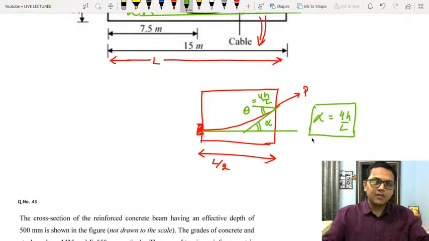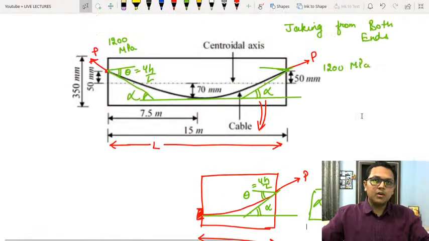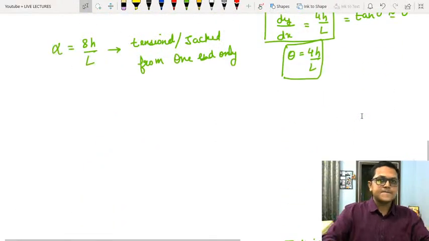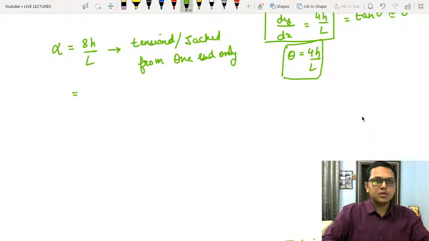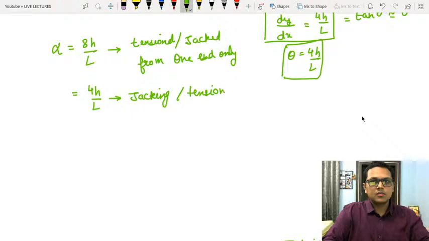As the tensioning is done from both the ends, so alpha value will be only 4h by L. So alpha is equal to 4h by L when the jacking or tensioning is done from both ends.